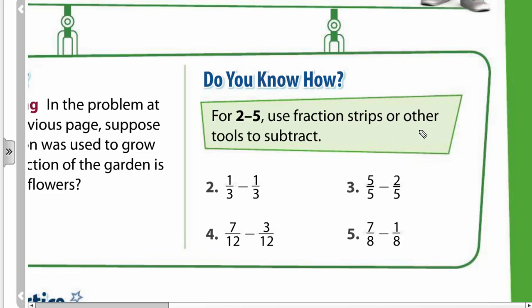Ali Sultan. Yes, Mister. Go ahead. Question number 2. 1/3 minus 1/3 equals 0/3. Excellent.